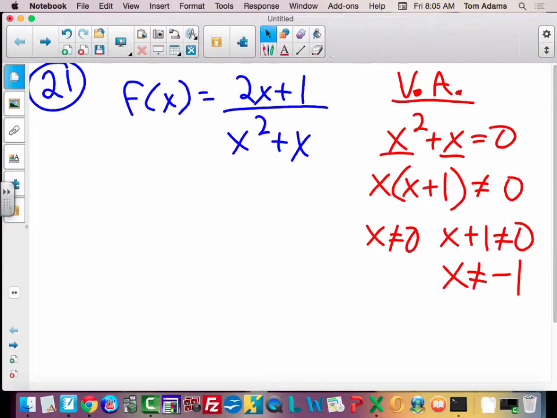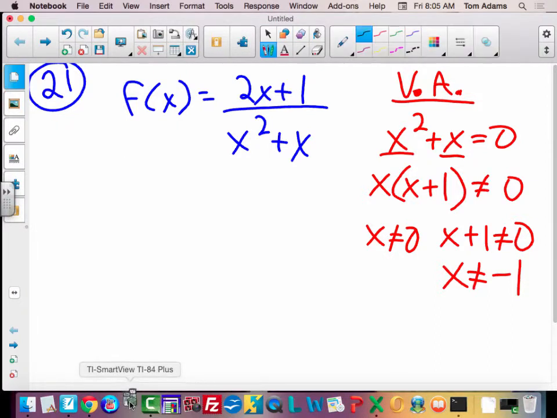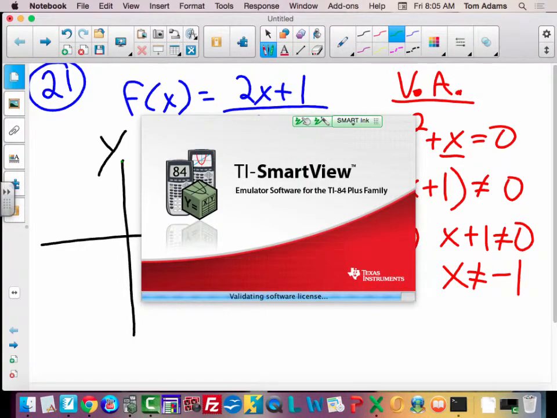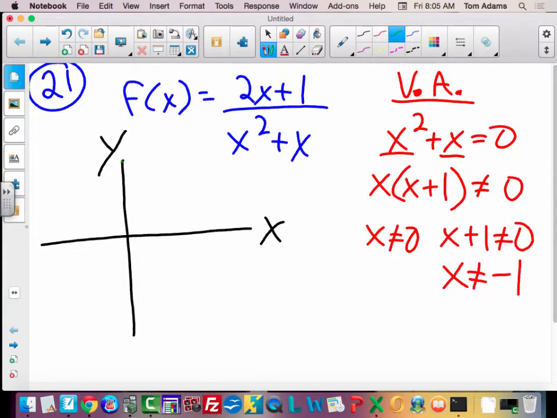I'm going to graph this in a second, but if I have my xy plane, I'm going to have an issue of a vertical asymptote. Sorry, I started the calculator, so it's going to do that now.